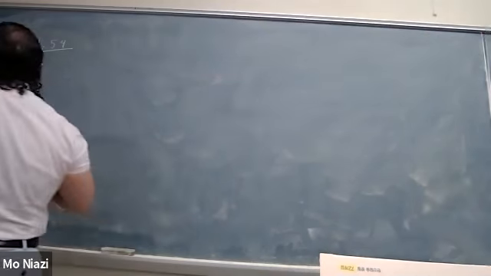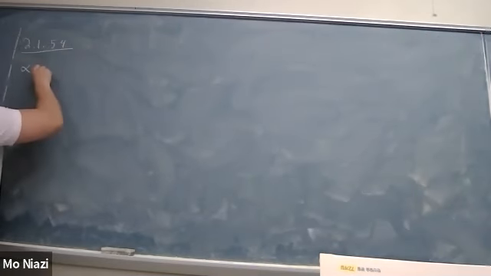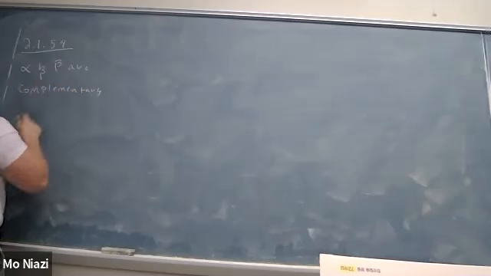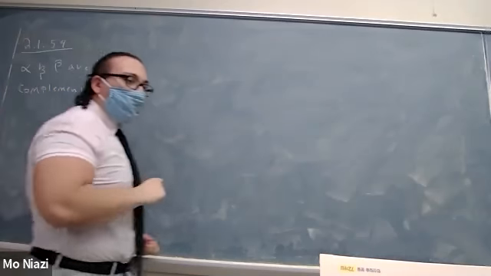Given alpha and beta complementary, verify the following equations. So alpha and beta are complementary. Okay, that's an assumption.